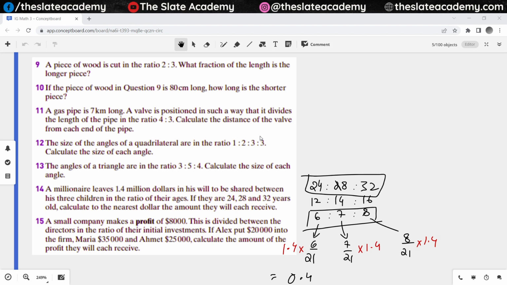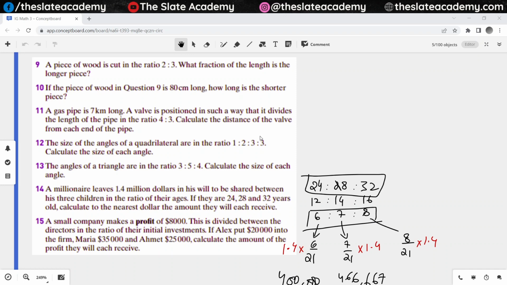1.4 to the nearest dollar amount. So 0.4 million would be how much? 0.4 million would be 400,000. $400,000. Then 7 out of 21 into 1.4, this would be $466,667.